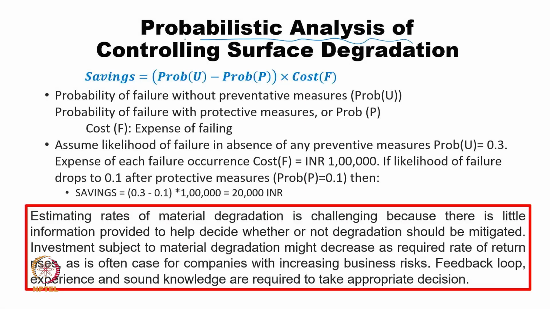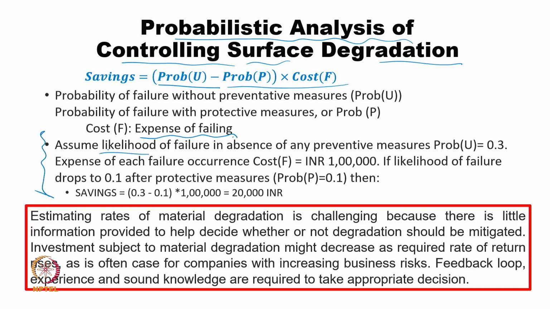in a society. Now, this is again a repetition of a slide, what we call the probabilistic analysis of controlling surface degradation. This is the same formula which we have written, and in this case the cost F is the expense of failing, and then we took some sort of example also to clarify it.